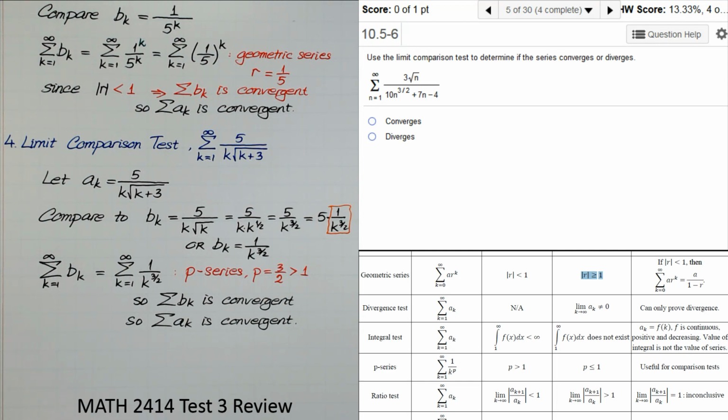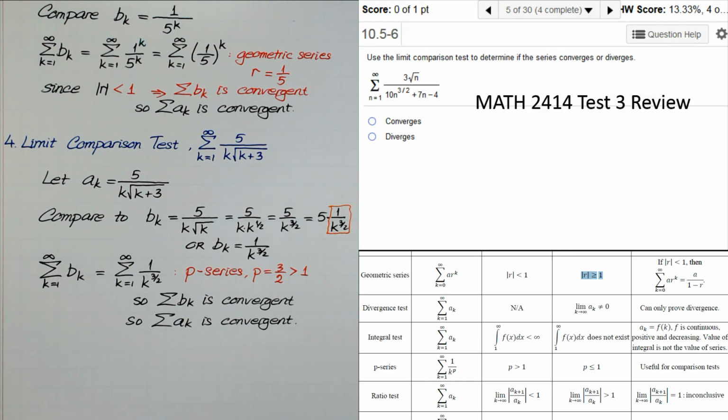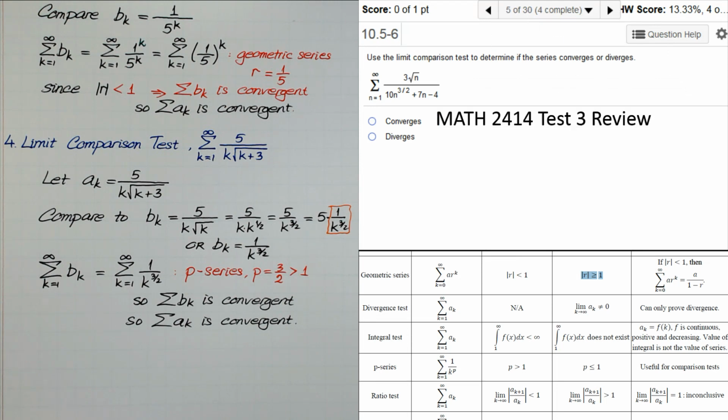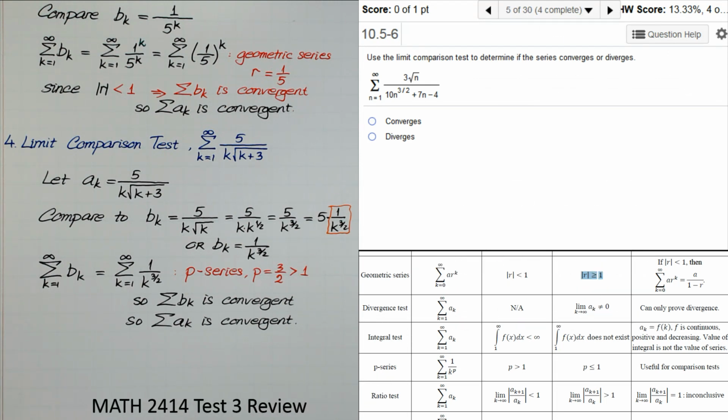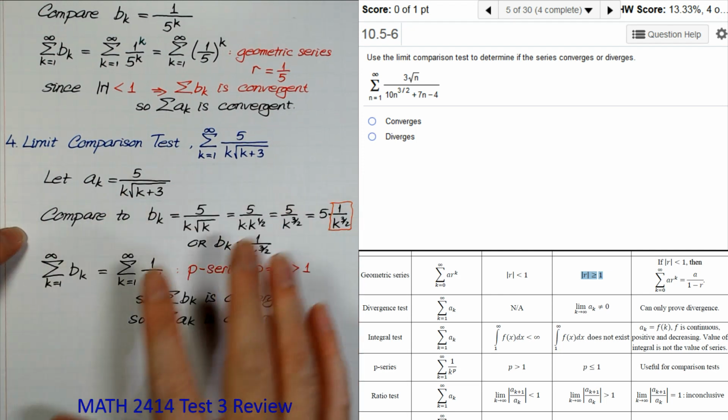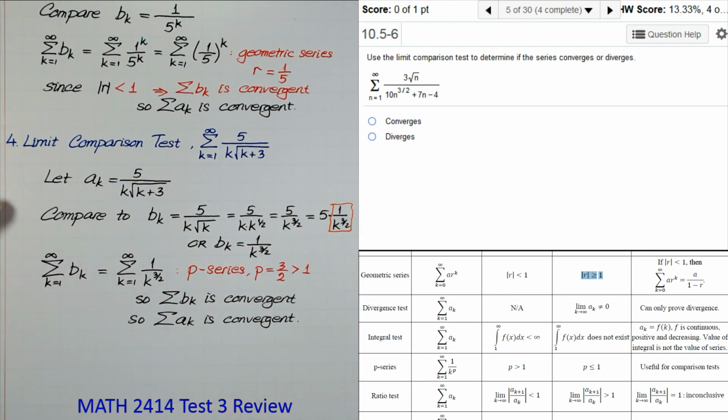Another limit comparison test. By the way, let me move this somewhere else, because when I move my hand, I kind of got a weird feeling about it.